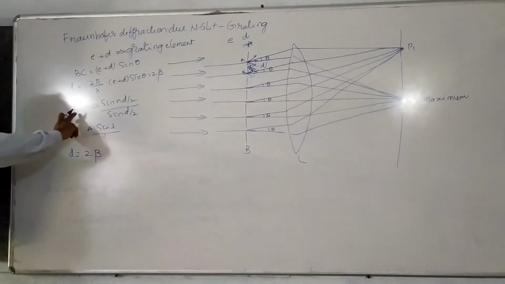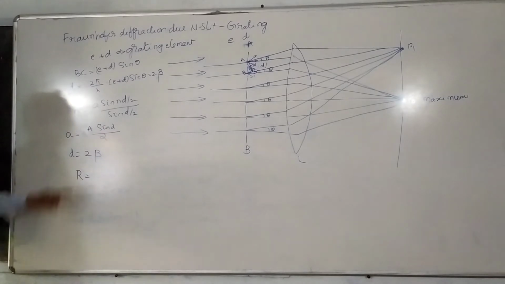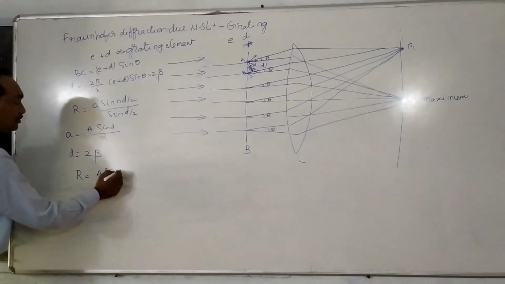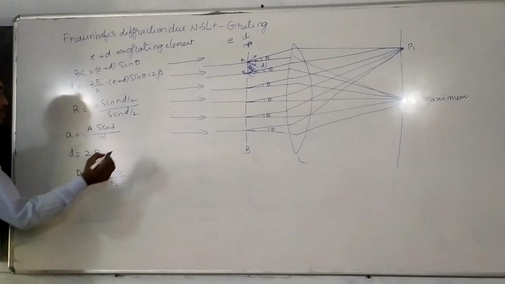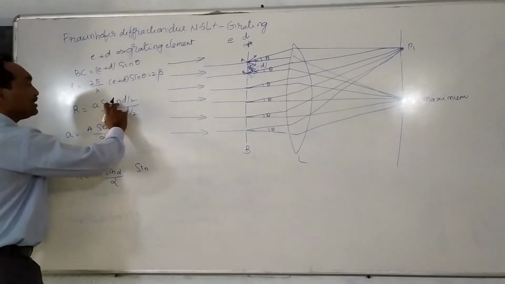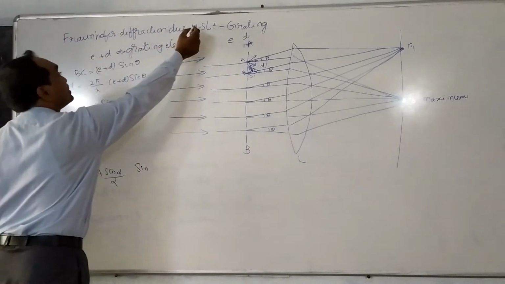Now the resultant amplitude due to the N slits, R, is equal to A sin alpha by alpha into sin(n delta by 2) by sin(delta by 2). Small n vibrations we have taken, and there are capital N slits we have.